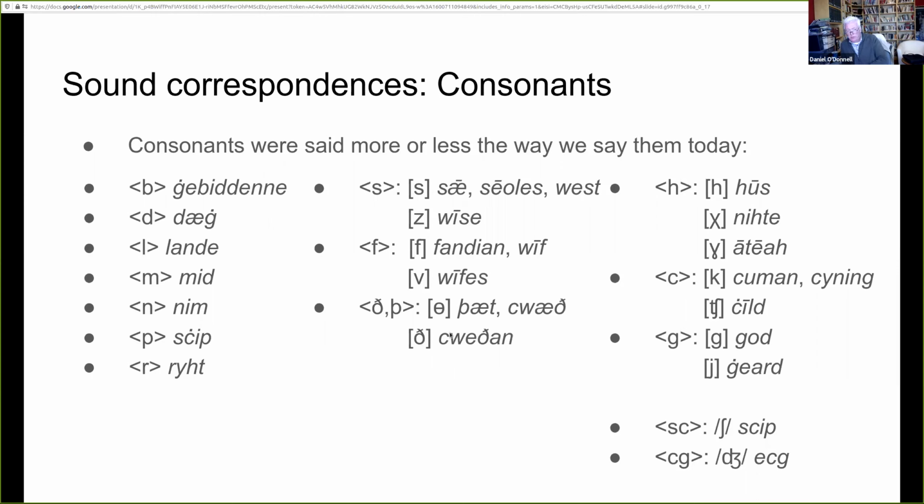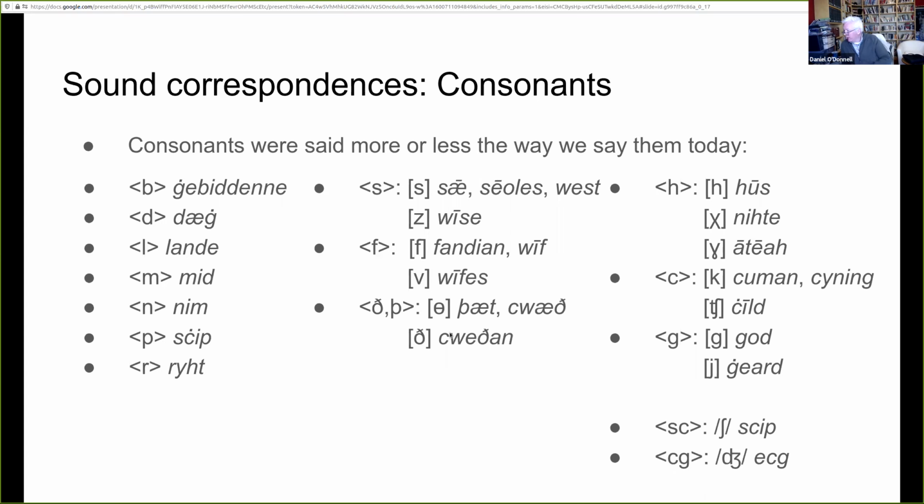So the first letter in fæþ is said like our word thigh, upper part of your leg. And the second word there is cwæþ, again with that sound from our word thigh. And the bottom one is said th. So that word is cweþan. And that sound is like our word thy, the old-fashioned way of saying, you know, your.